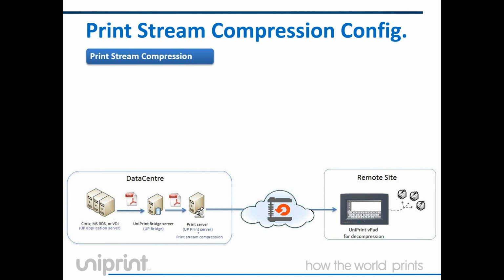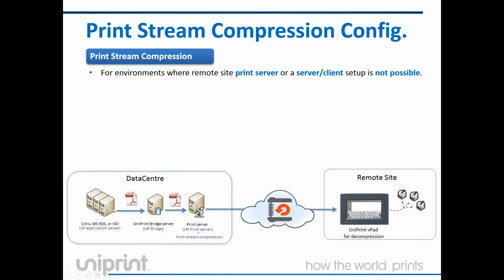So the big change to configurations for Infinity is the introduction of print stream compression. This is a way we can optimize printing when you've got all of your server components in a data center. In Suite 7, our advice was that your print server should always be over on the remote site part of your environment, because we compress the data as a PDF to that print server.